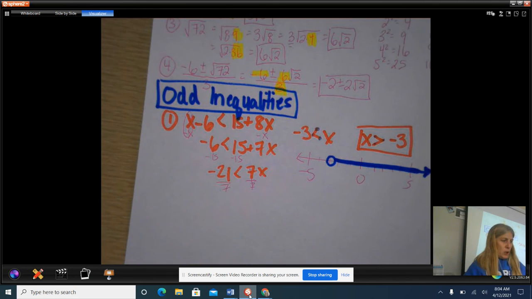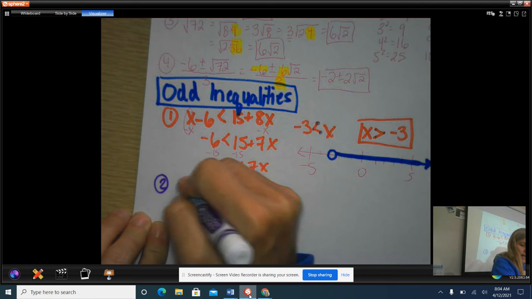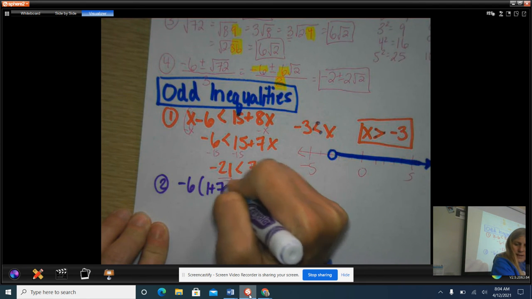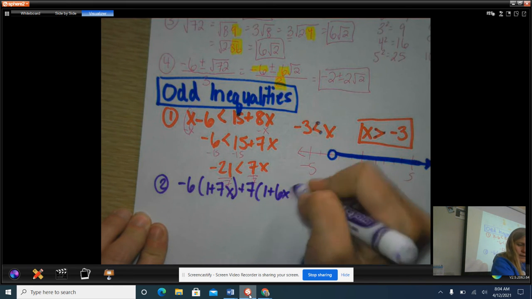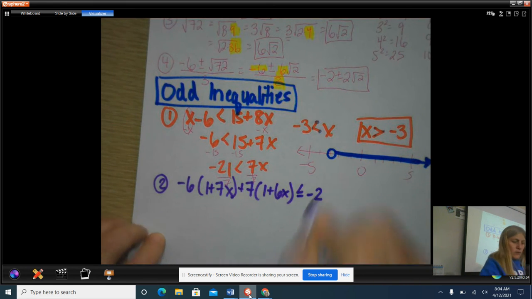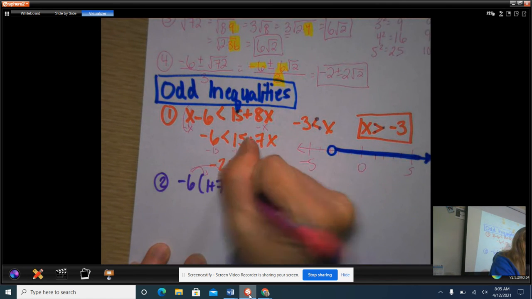Let's take a look at a second example. We have negative 6 times the quantity 1 plus 7x plus 7 times the quantity 1 plus 6x is less than or equal to negative 2. So we're going to do our double distribution. Here we go.